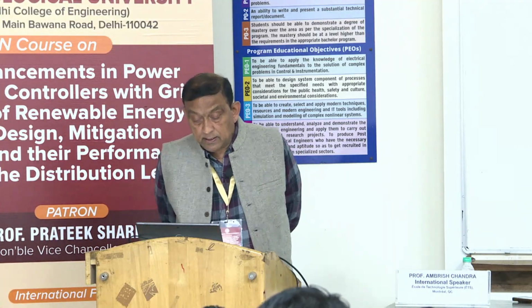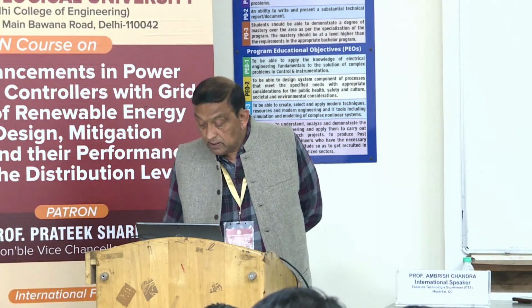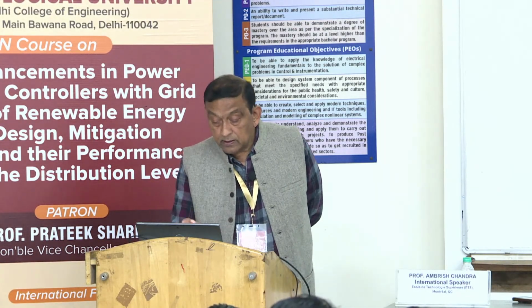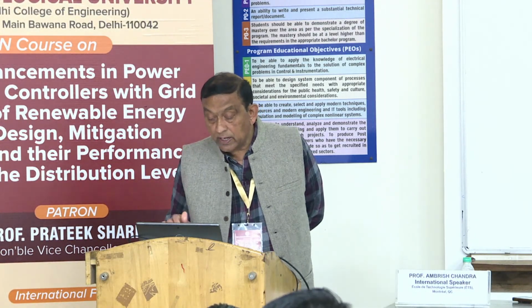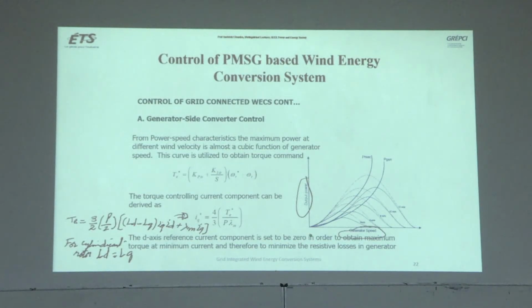So this is this. Generator side converter control, it means this converter. We are talking about the generator side. So if you see here, this is the power, this is the output power, and this is the generator speed. This purple color is for mechanical power.